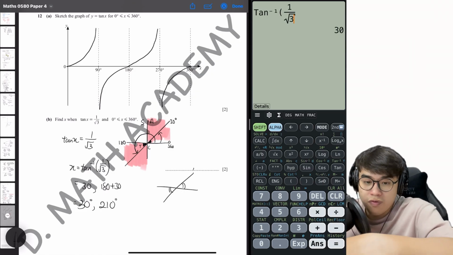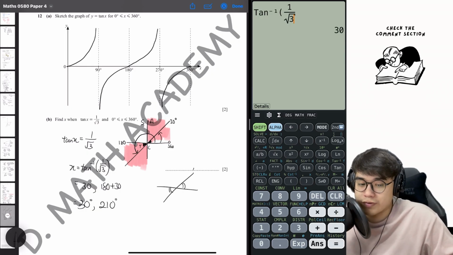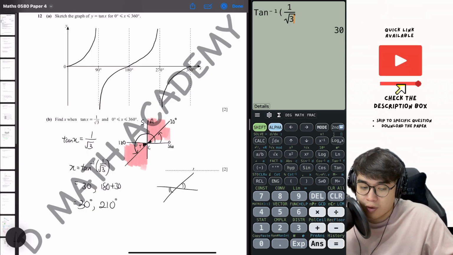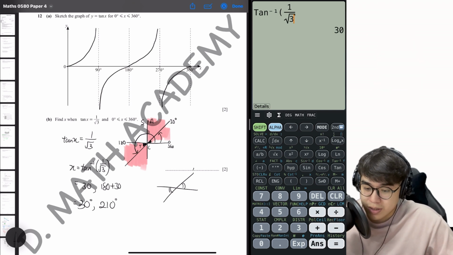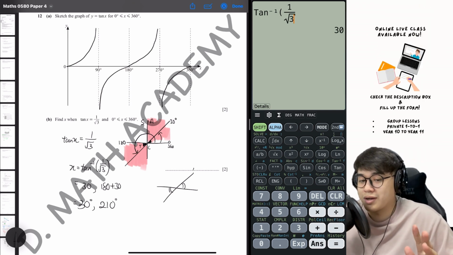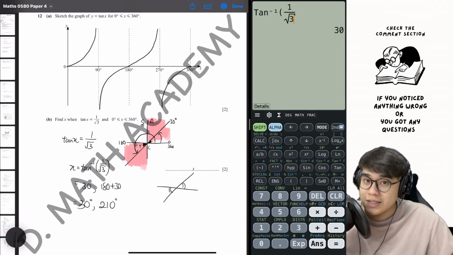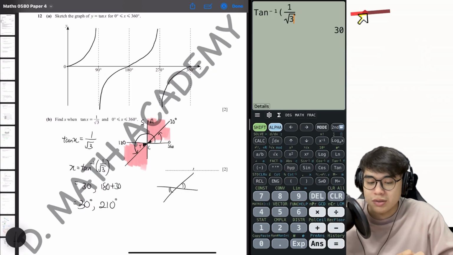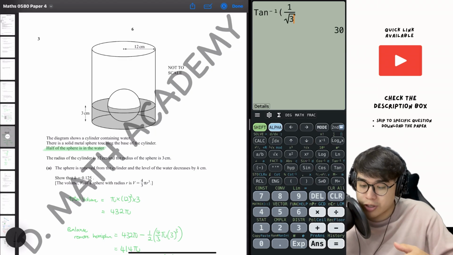Okay, so overall, in my opinion, this is one of the easier paper 4 that they have created for the past few years, surprisingly. As compared to paper 2, I think paper 2 is harder. Okay, so the question that students might still struggle with will be question number 3 if you didn't read the question entirely.